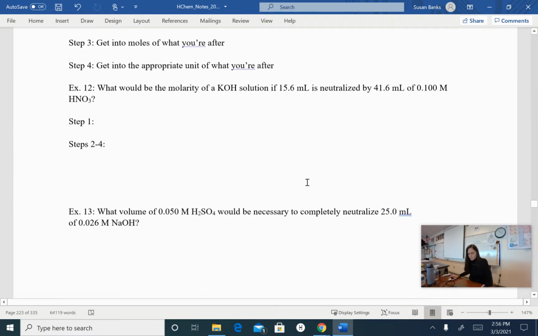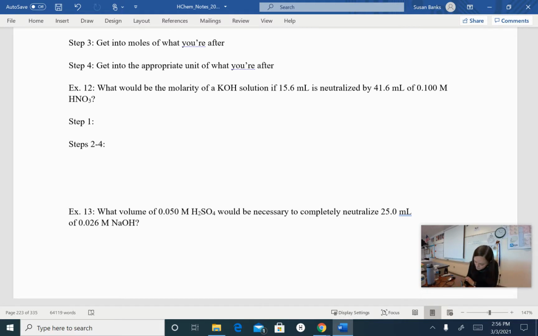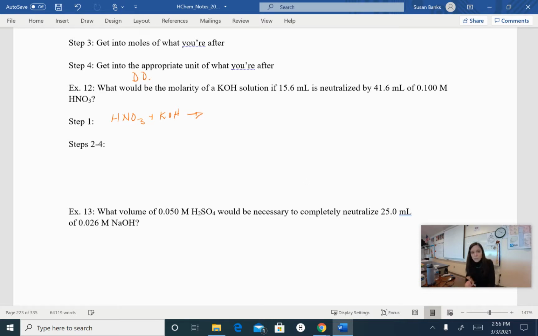Okay, so example 12. What would the molarity of potassium hydroxide be if it was neutralized by 41.6 mL of a 0.1 molar nitric acid solution? The first thing, always, is to write a balanced equation. So I have nitric acid reacting with potassium hydroxide, and these are all double displacement or double replacement reactions, so it's really important to be aware of the charges here.